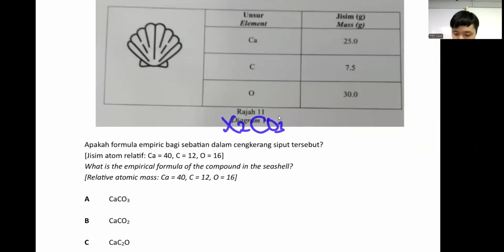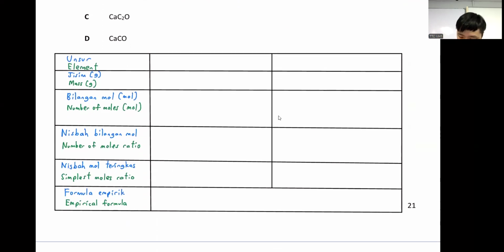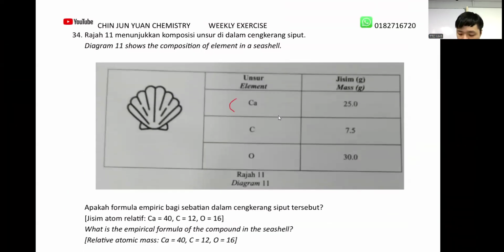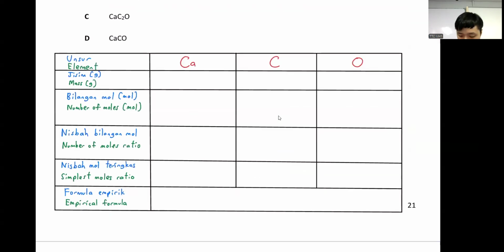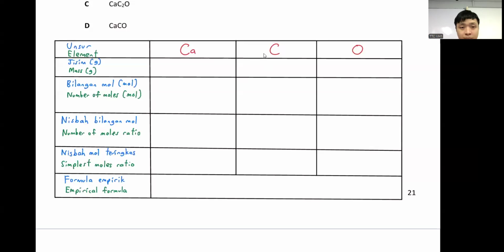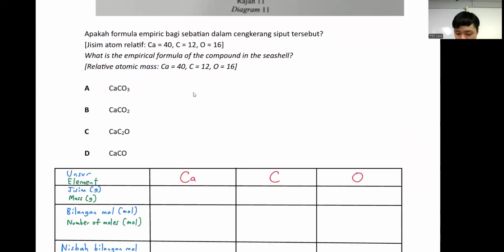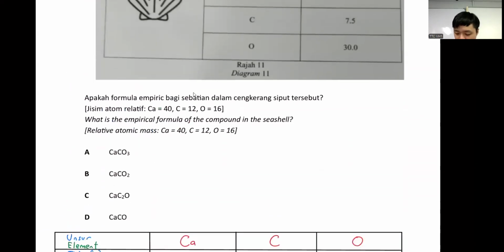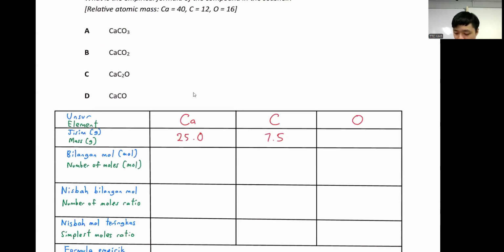So in this case, first column, write down the element: calcium, carbon, oxygen. Then mass: 25.0, 7.5, 30.0.